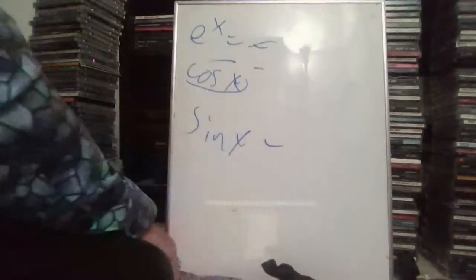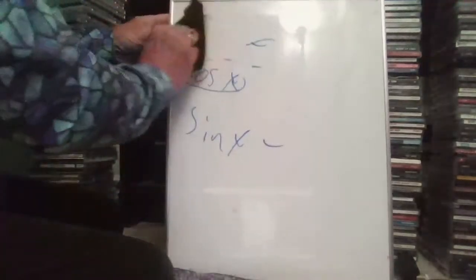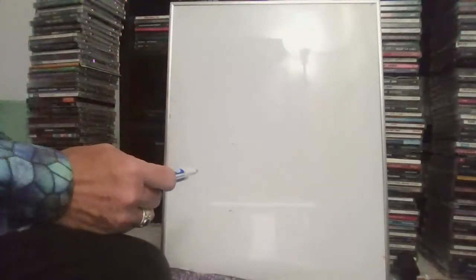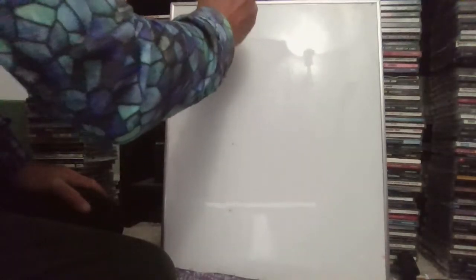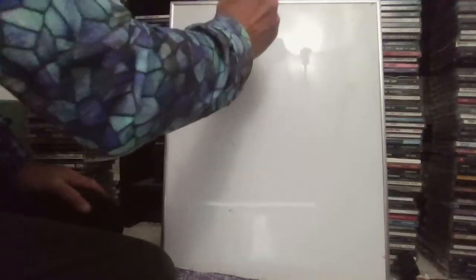It turns out, just from Taylor series, that you can prove quickly, I won't go into it, you can find it in a complex variables or complex analysis book, that e to the i theta equals cosine theta plus i sine theta.